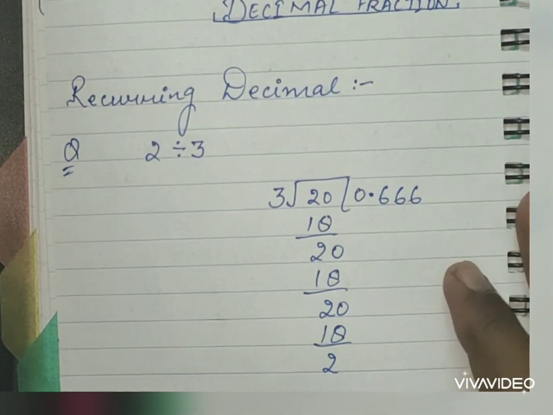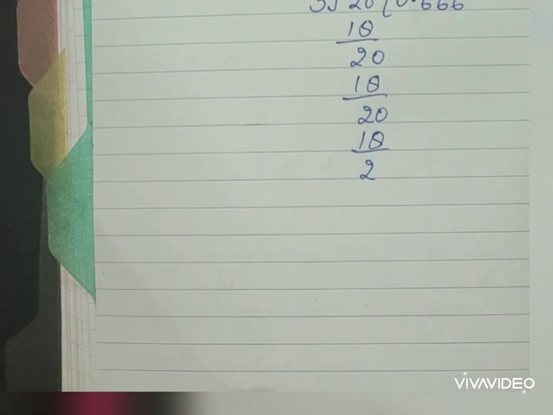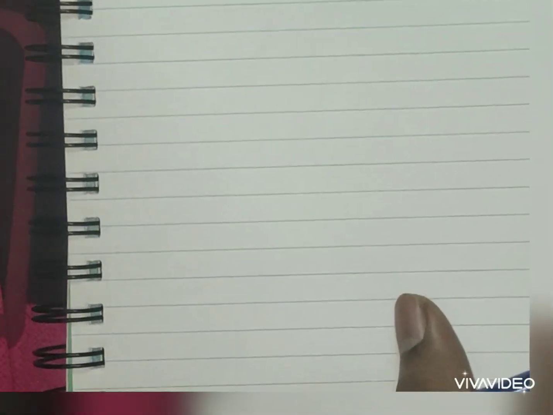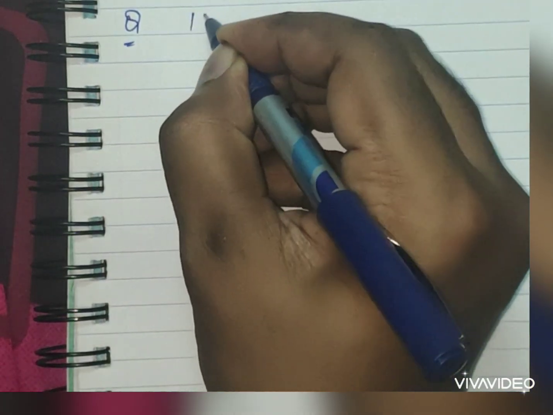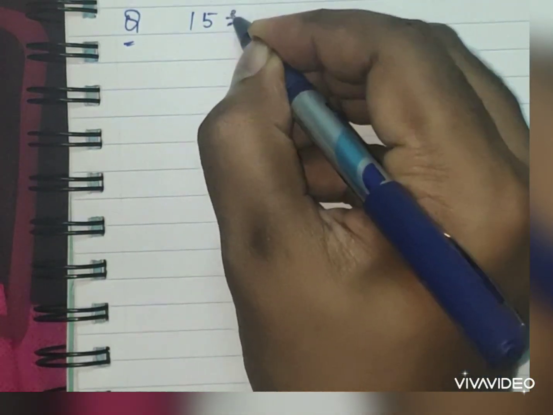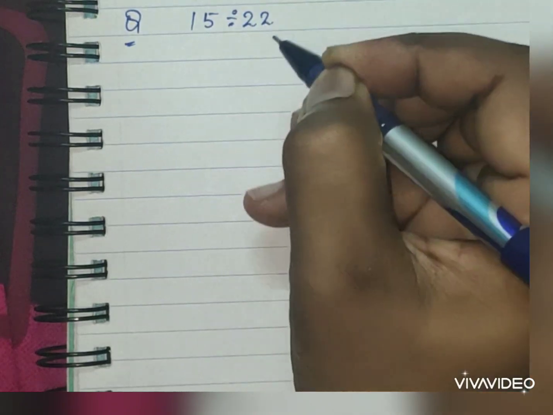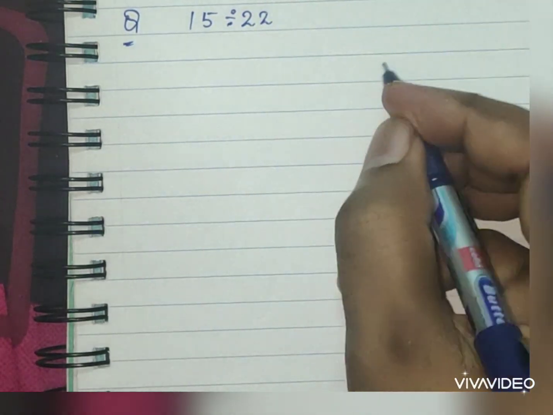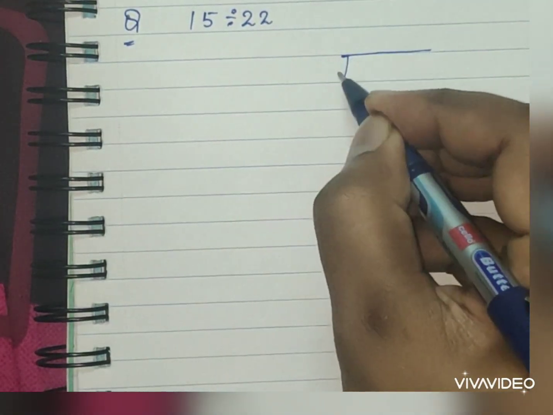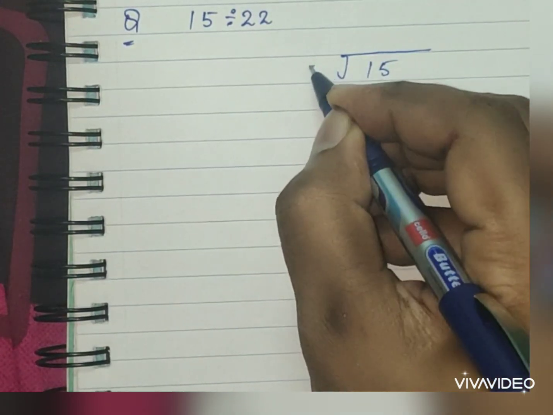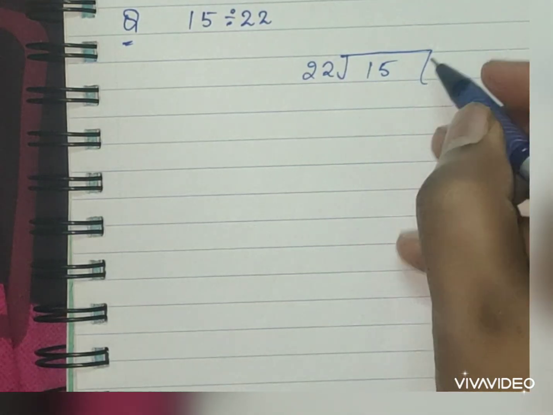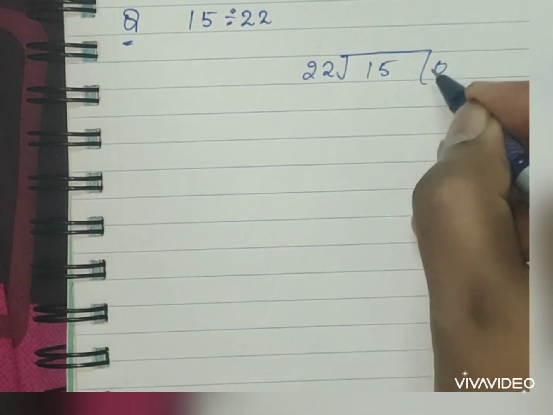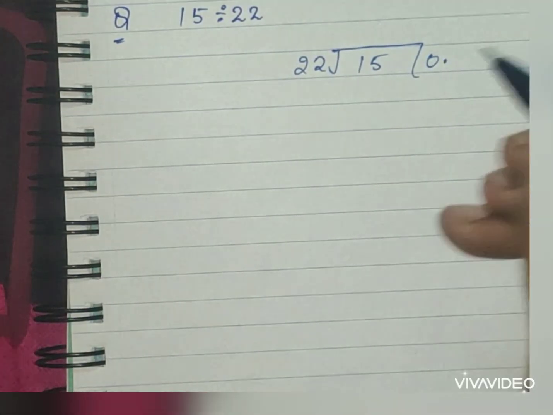Sometimes you can see it with another question, I will explain. Consider, suppose, 15 divided by 22. As 15 is less, we put 0 then a decimal.